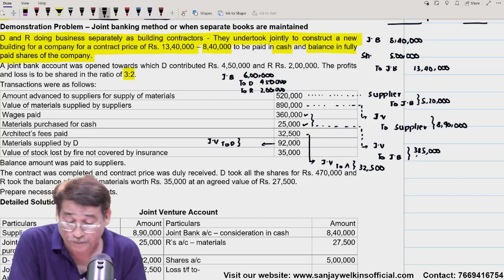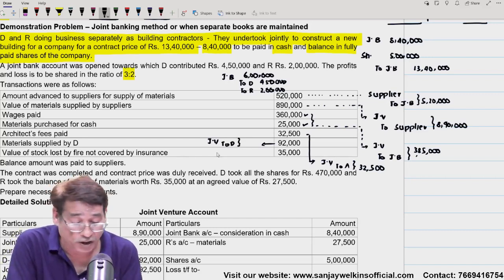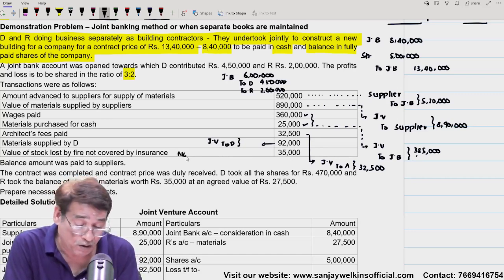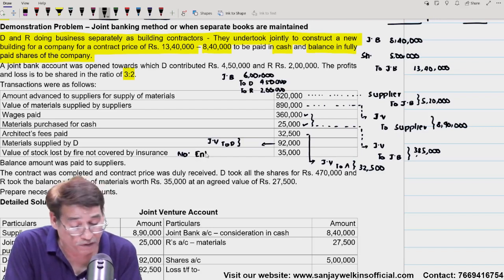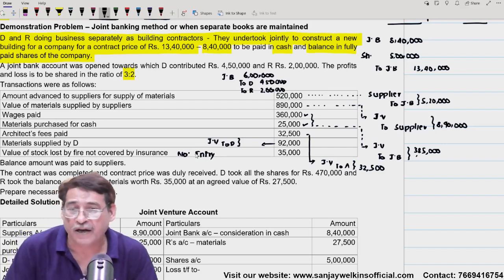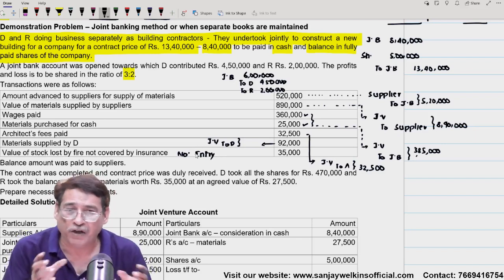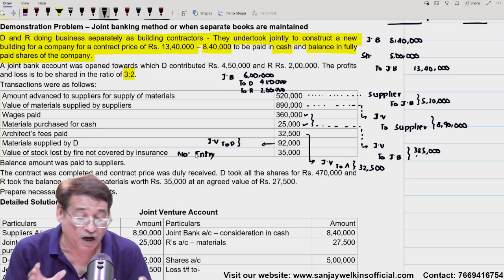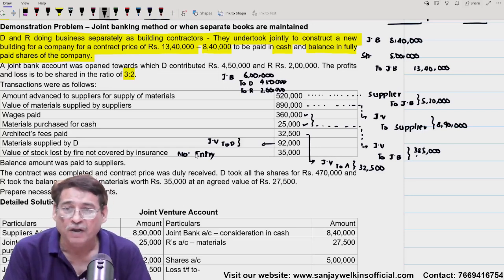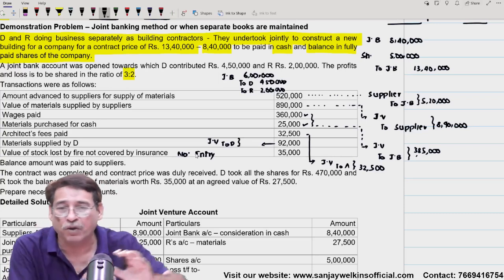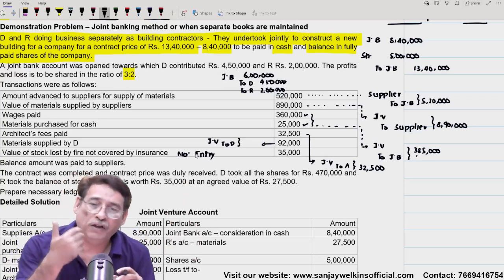Value of stock lost by fire not covered. No entry. In case of joint venture, we never record abnormal losses. The reason is that our partnership will come to an end immediately after the completion of the task. Generally, abnormal losses are recorded in the books because we are going to continue for a longer duration.